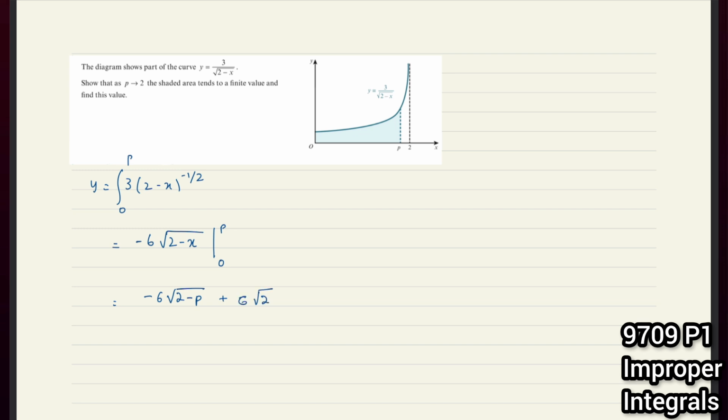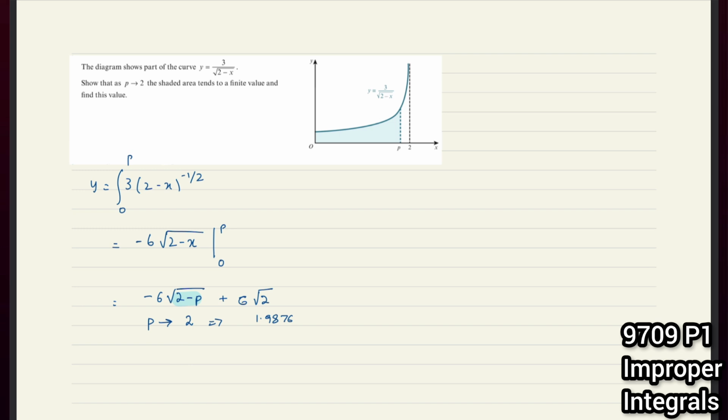Now, the question says p approaches 2. As p approaches 2, it means it becomes extremely close to 2, like 1.9876, something like this, extremely close to 2 if not exactly 2. So a number very close to 2 subtracted from 2 is almost equal to 0.